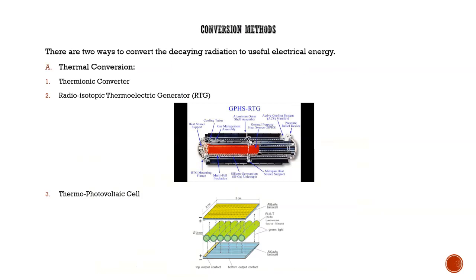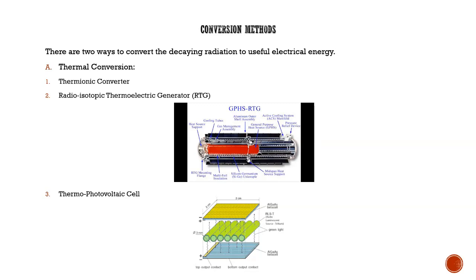When the radioactive decay starts, it generates heat, and that generated heat creates a temperature difference, which in turn converts the heat into electricity. Basically, thermocouples are used as the plates for this, and it converts the heat into electricity.